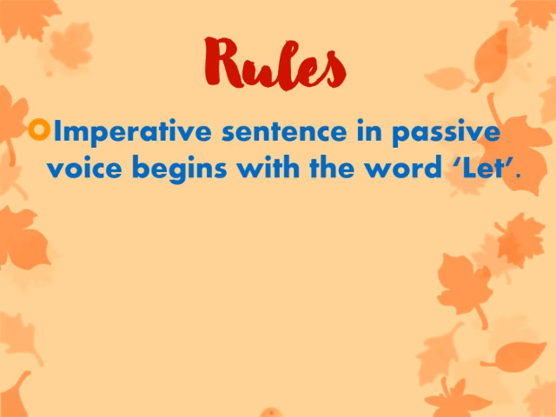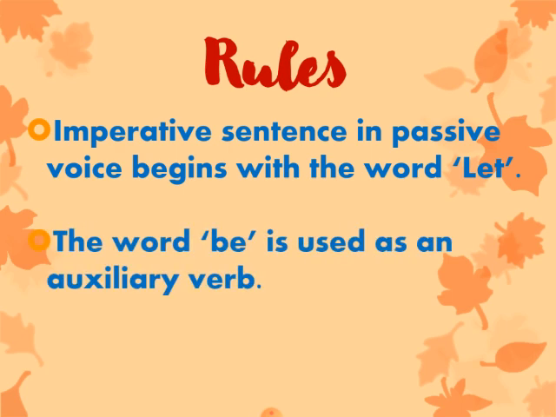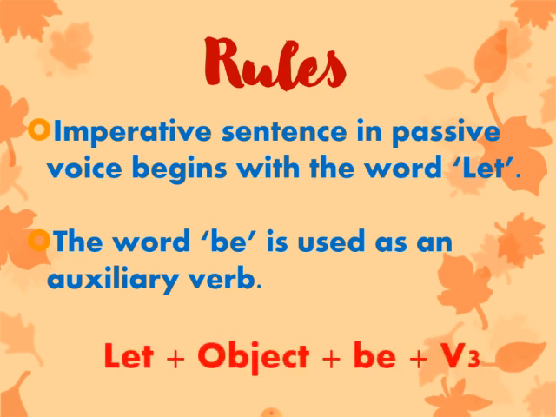That is the first step. Second step, use the word be as an auxiliary verb and place it before the action word, main verb. So the formula we get is let plus object plus be plus past participle form of the verb.